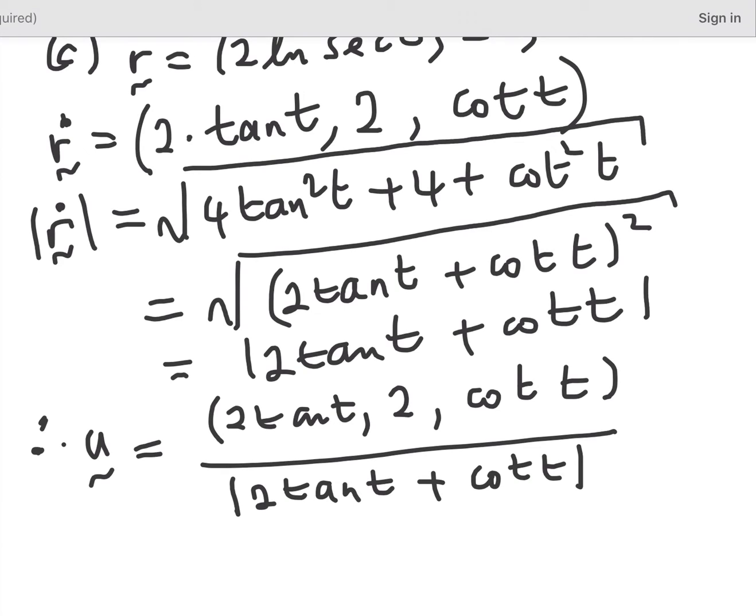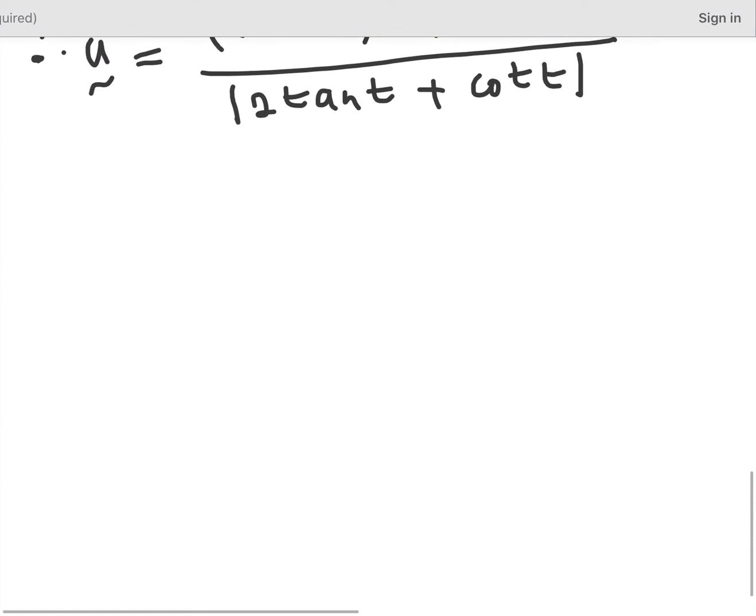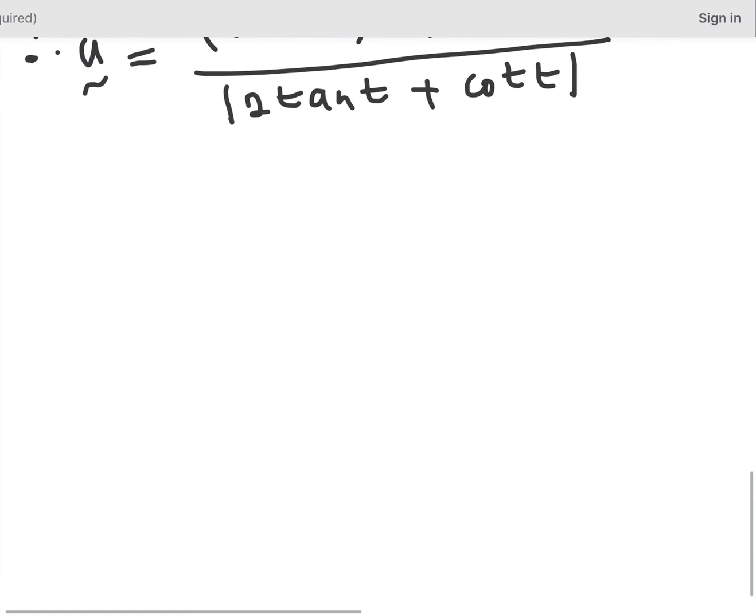That you could, if you replace the tangent with sine over cos and the cotangent as cos over sine, what we end up with is that this would equal, I would say a few steps later, this can be written as 1 over 1 plus sine squared.